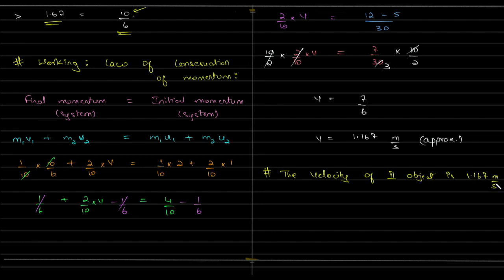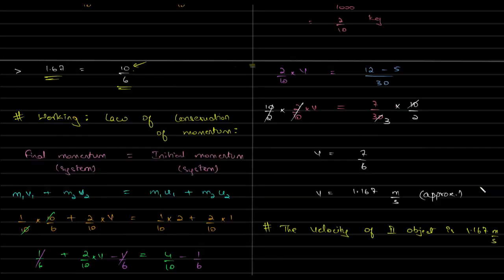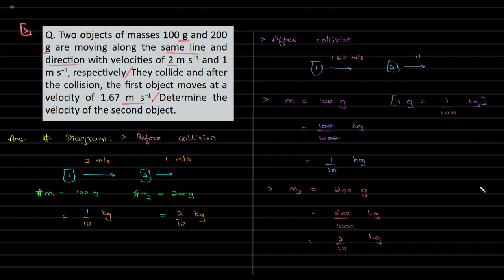1.167 meter per second. It's always better to verify things, right? Does the value make sense? We got 1.167. It makes sense, is it not? It's a bit more than 1, but not a lot more than 1, because this is of 2 by 10th of a kg, and this is 1 by 10th of a kg.